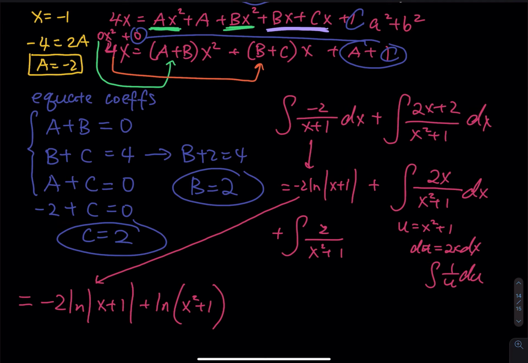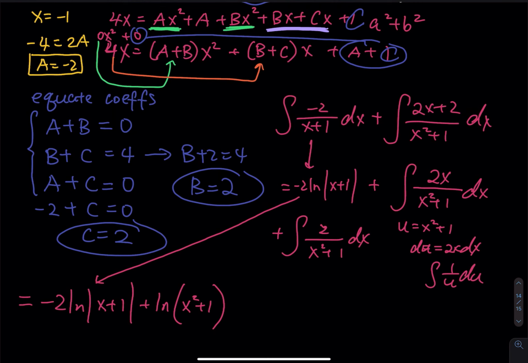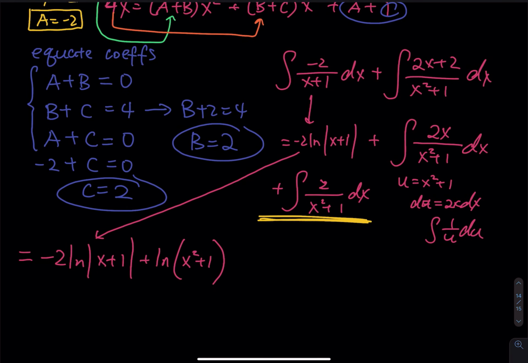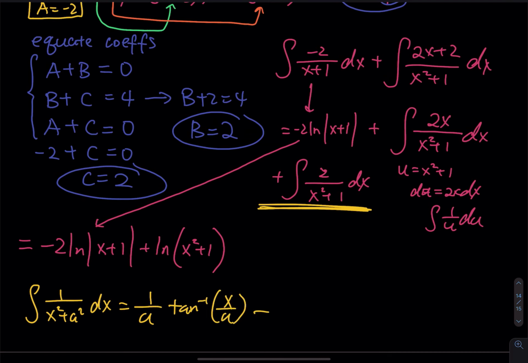And then the last one, let's put that in a different color, in yellow. This one you have to recall an integration formula. The integral of 1 divided by x squared plus a squared dx equals 1 divided by a, inverse tangent of x divided by a, plus c.